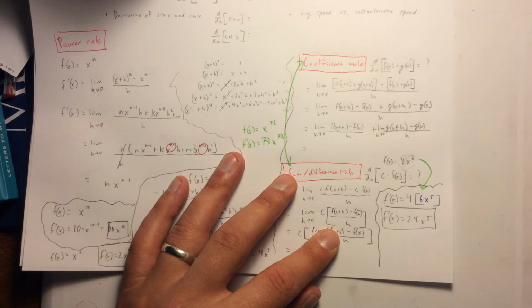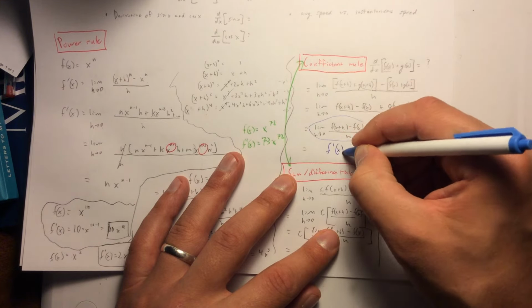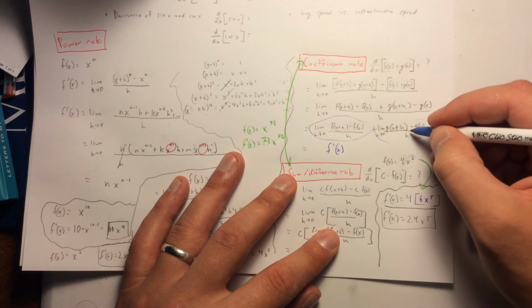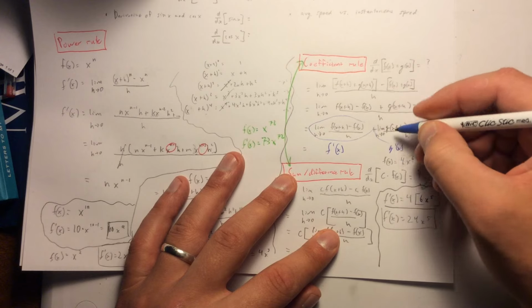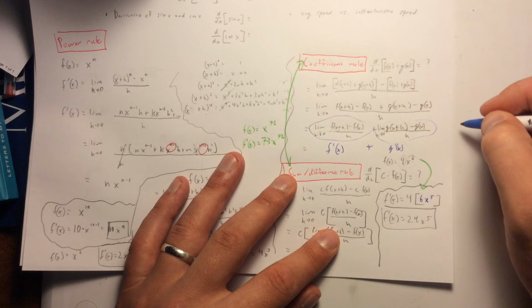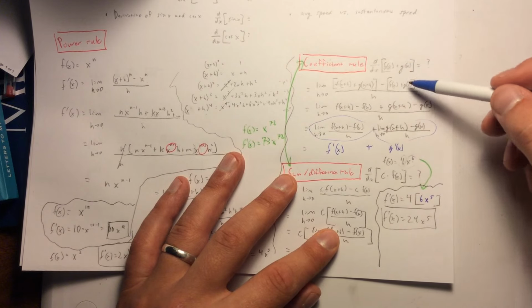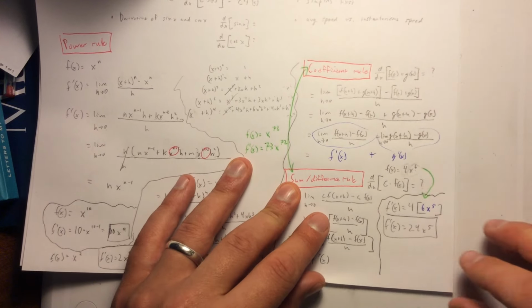Hey, guess what? This right here, that's f prime of x. This right here is the definition of the derivative of g of x. That's g prime of x. They were added in between. So instead of having to do it the long way, I can just take the derivative of the first function and the derivative of the second function.